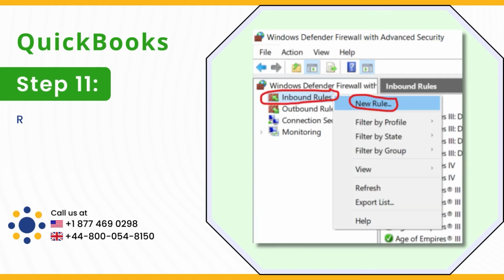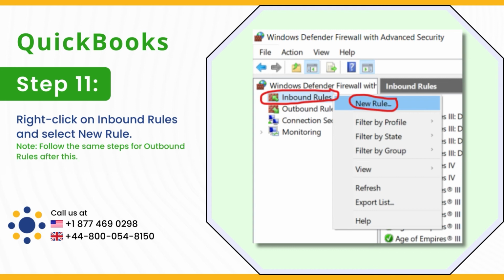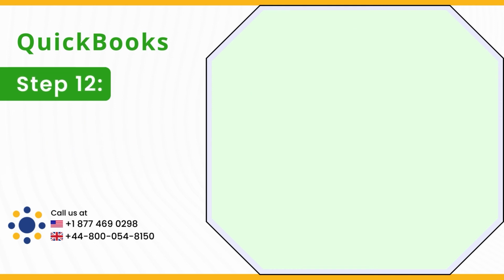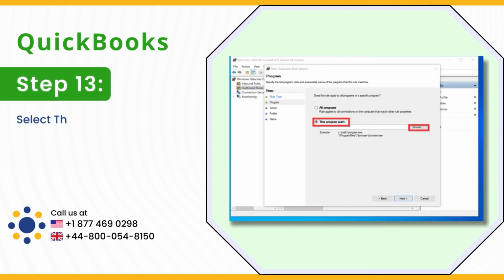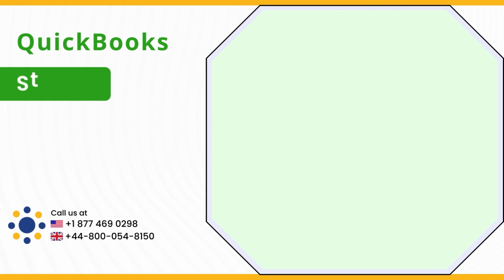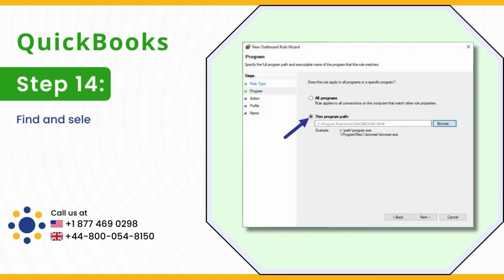Step 11, right-click on Inbound Rules and select New Rule. Step 12, now, select Program and then Next. Step 13, select this program path and then click on Browse. Step 14, find and select the QuickBooks executable files, then click on Next.